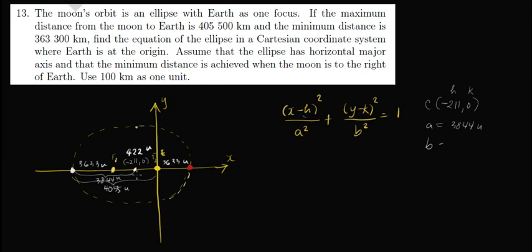Now, kung matatandaan nyo, this one is equivalent to the length of the major axis. This is 2a.